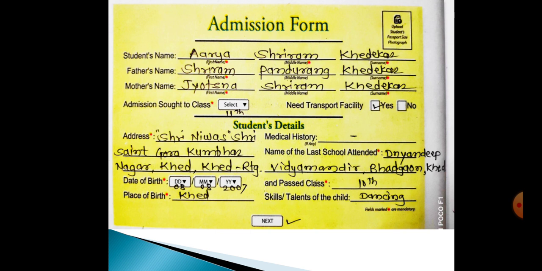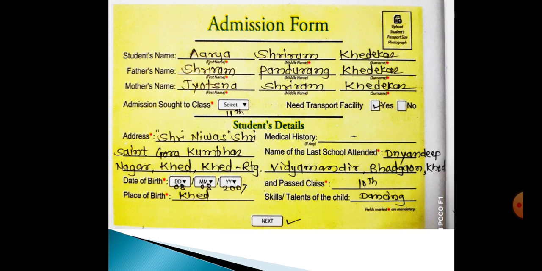Then I click the admission sought to class. I click the select button and I choose standard 11. Need transport facility. I click on the yes button. I want a transport facility, that's why I click on the first yes column.